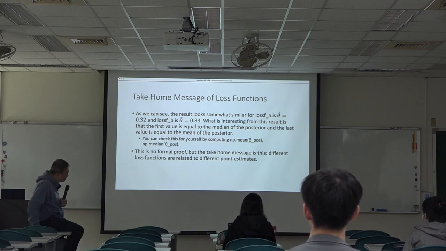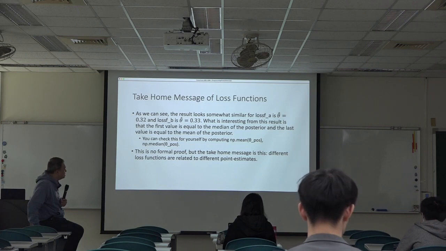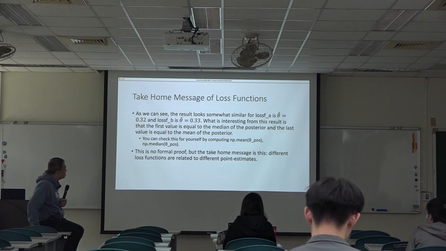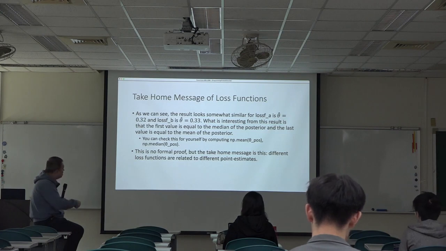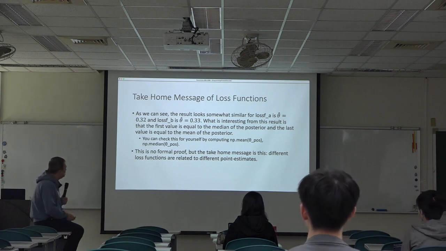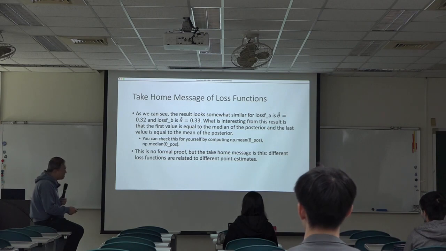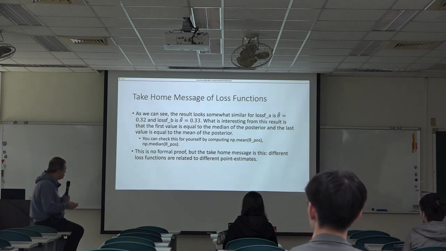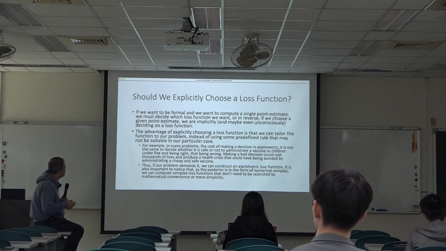And also, the value that minimizes the absolute value loss function is the median. Can you prove this? I may give you questions like that in your homework. This is a little bit more mathematics, but you can try to check out if you can do it.